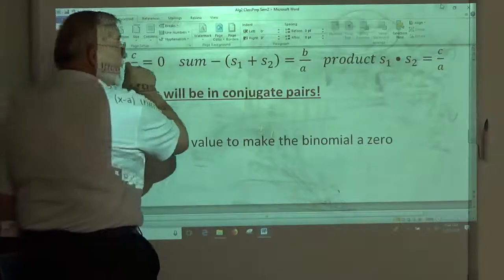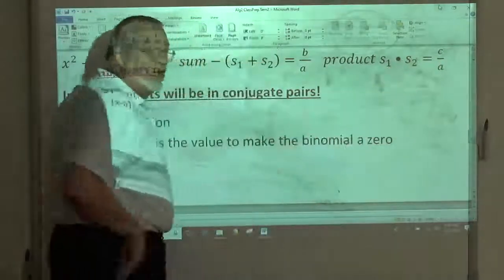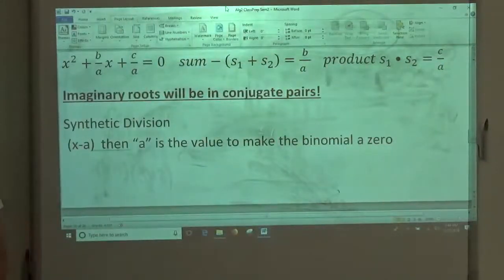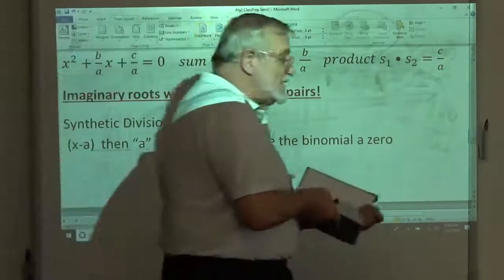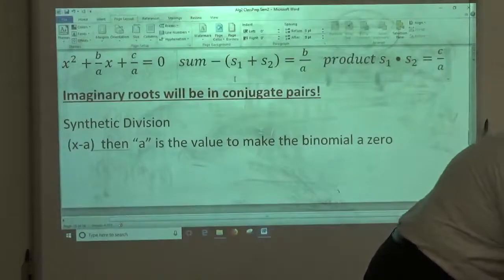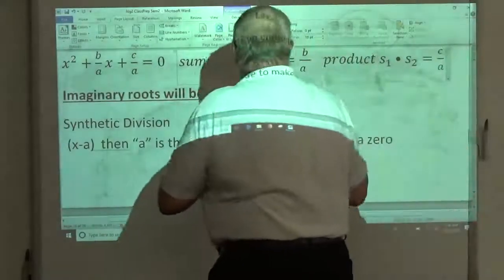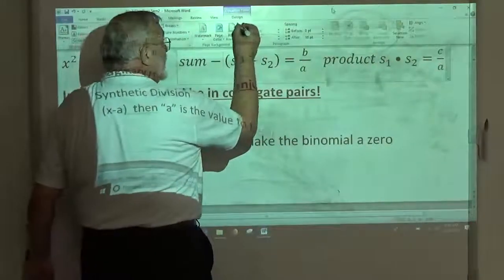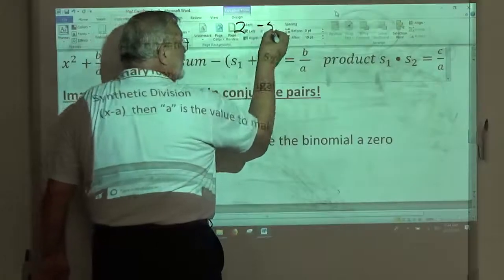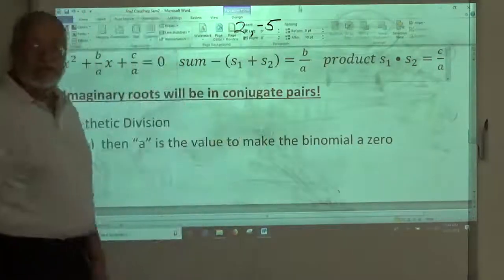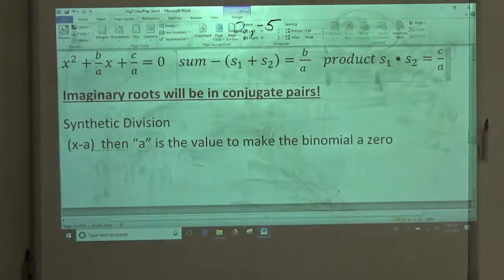The constant is the product of the two numbers. Right now that doesn't make any sense, does it? So let's assume that I tell you that 2 and -5 are the solutions for this quadratic equation.